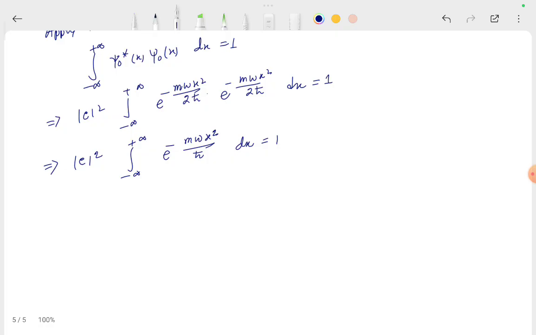This is an even function. So 2 mod c square, integral from 0 to infinity, e to the power minus m omega x square upon h cut, dx equals 1.